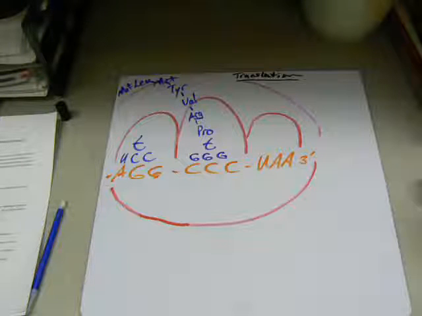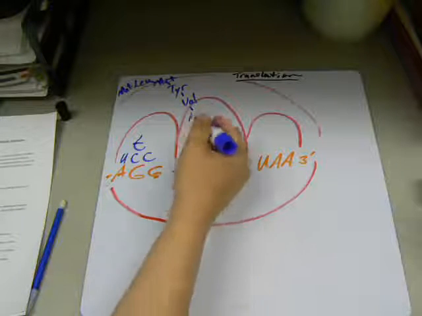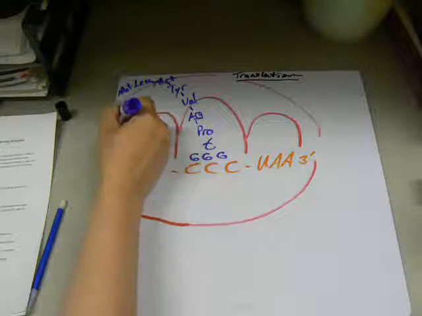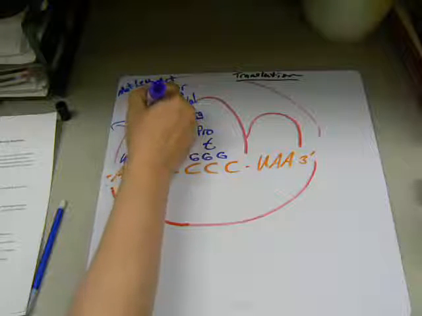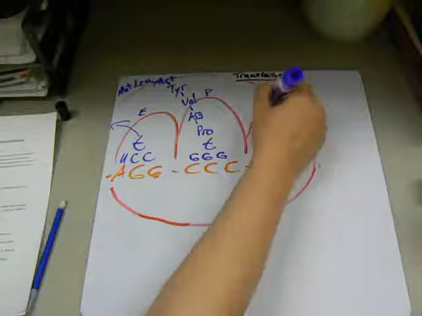So this tRNA that coded for ARG is going to go out the E site. Here's our P for peptidyl, or I think of it as the protein part. And here's our A for the addition site.